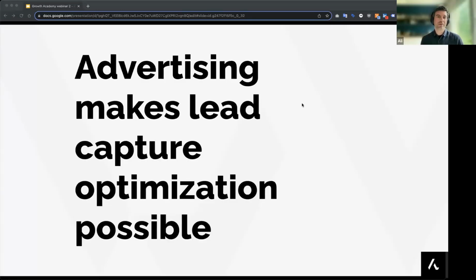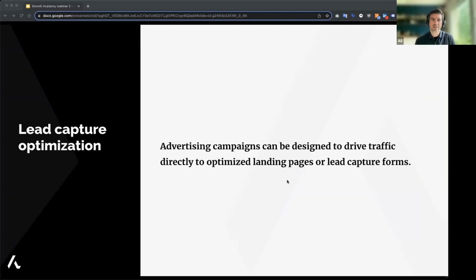Yeah, another thing advertising enables is it makes lead capture optimization possible. So what that means is simply advertising campaigns can be designed to drive traffic to optimized specific landing pages to capture leads.